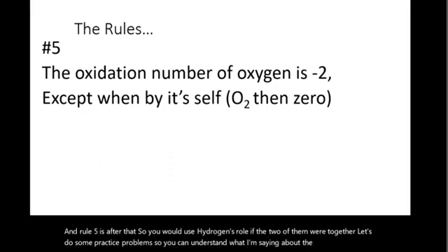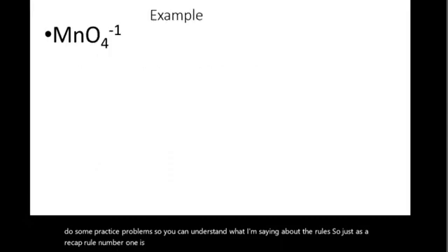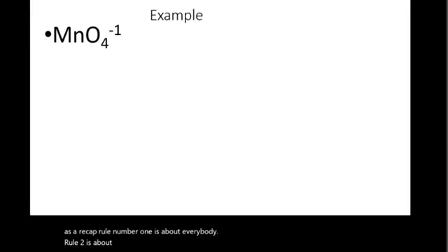So just as a recap, rule number 1 is about everybody together. Rule number 2 is about the elements and ions separate. Rule number 3 has 3 parts. It's the scaly 3. Part 1 of that is fluorine is a -1. Part 2 is column 1 and column 2 are +1 and +2, respectively.